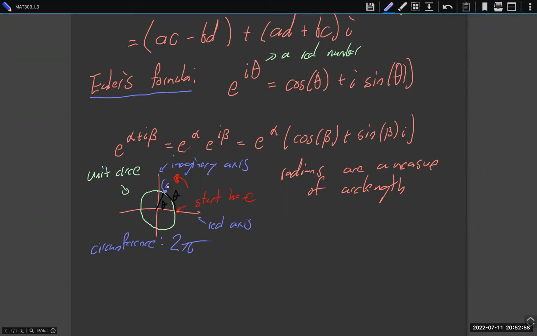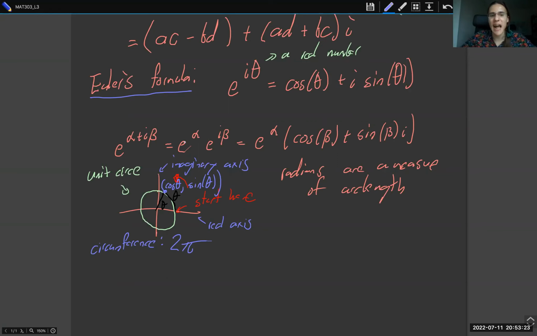Cosine theta, sine theta. Yeah, so that's the definition of the cosine and sine functions. You take the unit circle, you measure arc length to get an angle in radians, and then you shoot this ray, and it intersects the circle at some point, and the coordinates of that intersection are exactly cosine theta and sine theta.